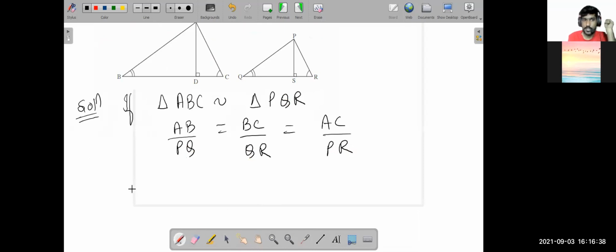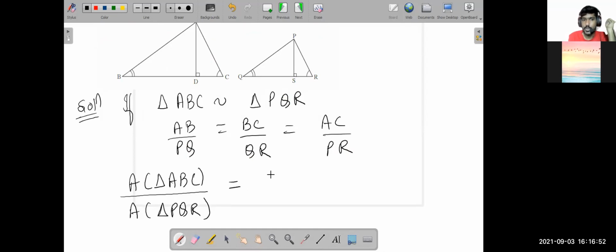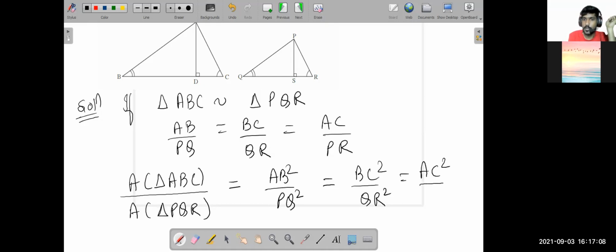Then what this theorem says is that the area of triangle ABC upon area of triangle PQR will be equal to the square of these ratios. That means AB square upon PQ square, or BC square upon QR square, or AC square upon PR square.